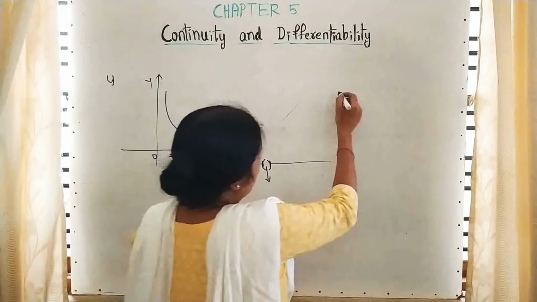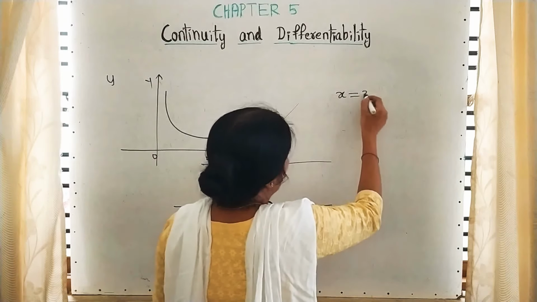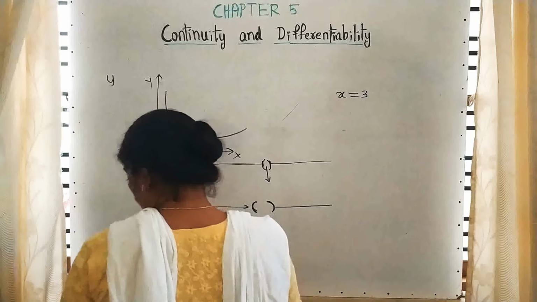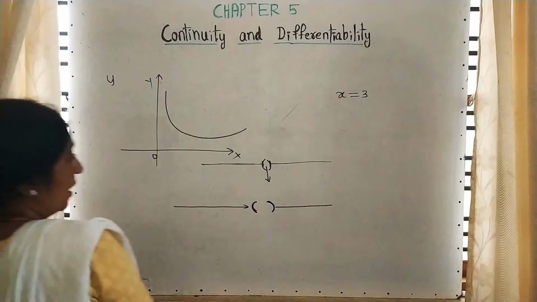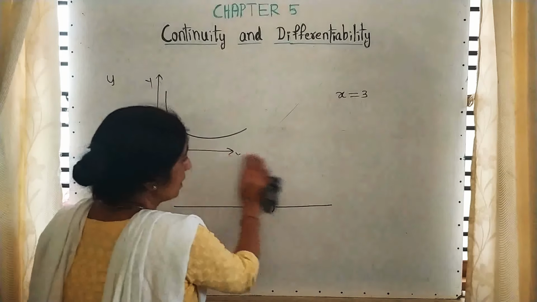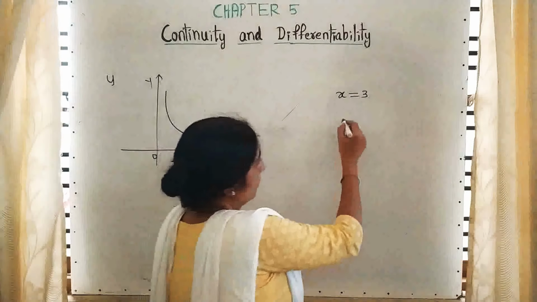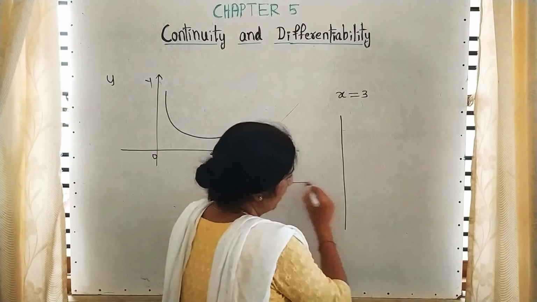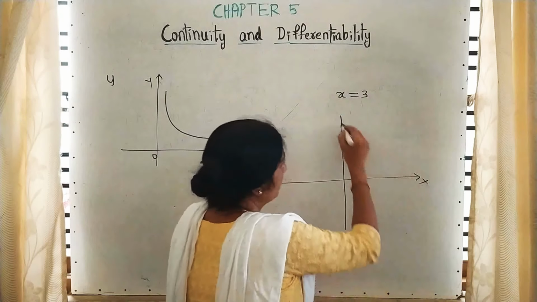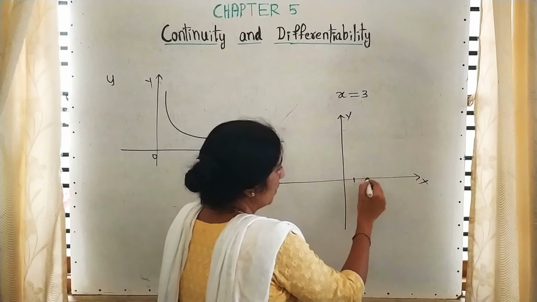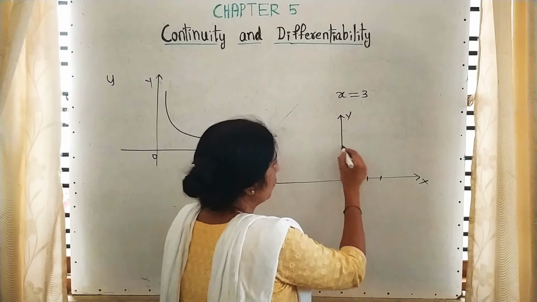And if I take the point x is equal to 3, you know how to draw the graph for this. X is equal to 3 is a straight line parallel to the y-axis, correct? This is the y-axis and this is the x-axis. 1, 2, 3. Here also 1, 2, 3.